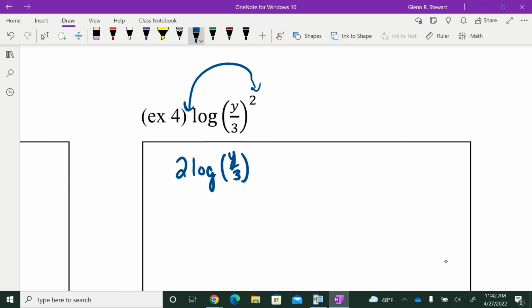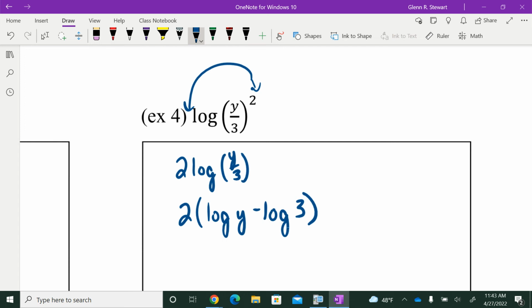And when I'm doing my subtraction, I'm going to rewrite this as 2 parentheses log of y minus log of 3. I'm keeping that parenthesis around it because the exponent of 2 that we pulled out front goes to both the y and the 3.